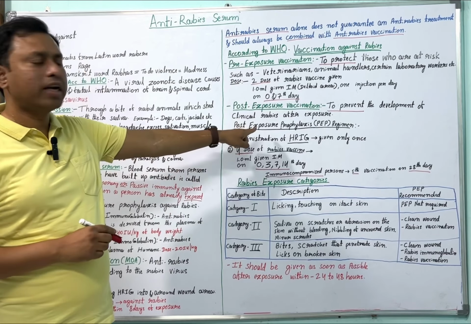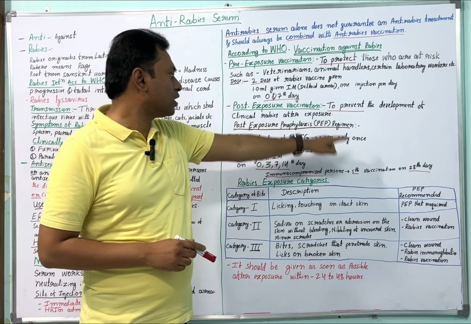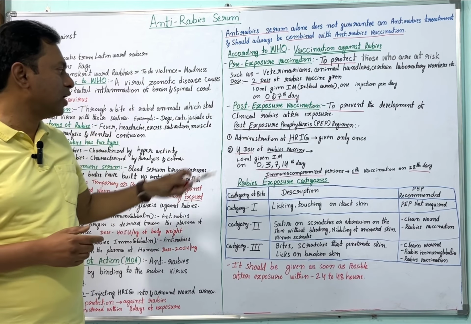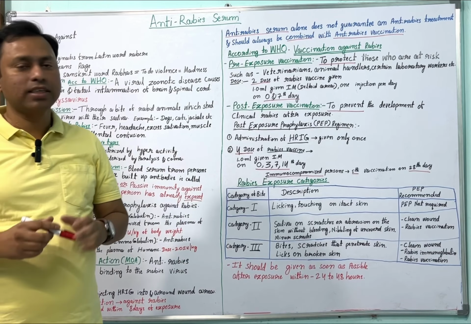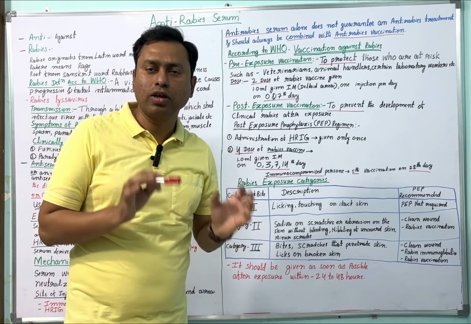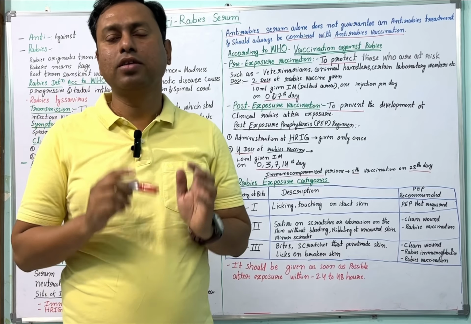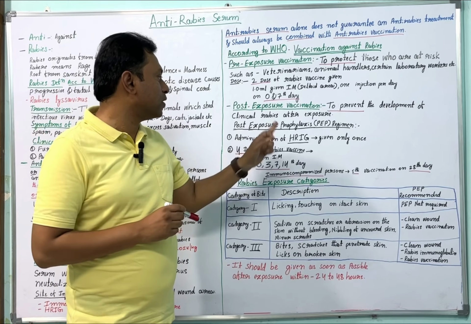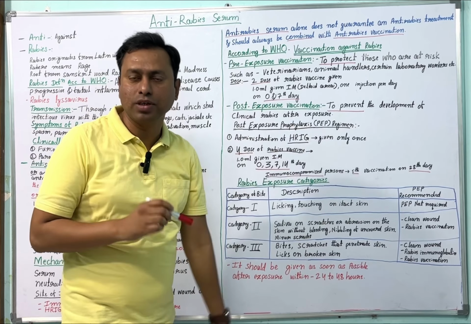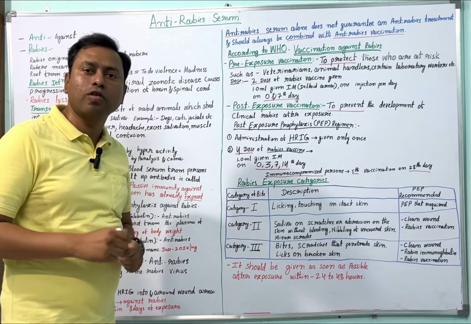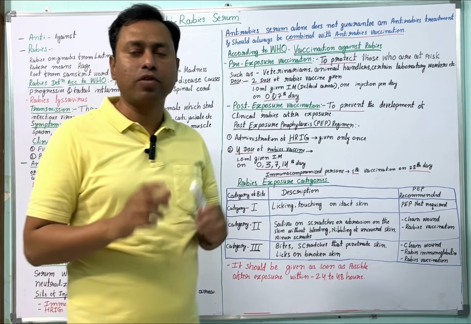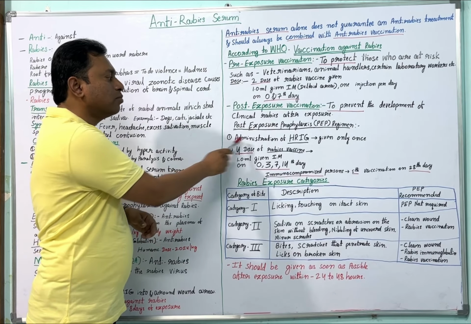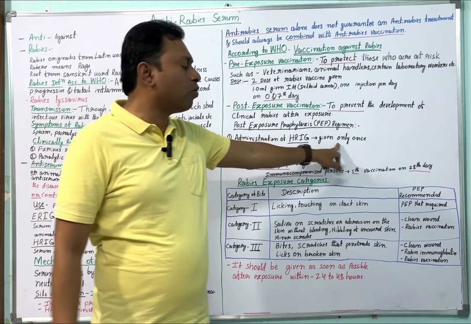Now we'll study the post-exposure prophylaxis regimen, called the PEP regimen. The PEP regimen is mainly categorized into two parts. Already I told you it is a combined treatment, a single vaccine or single serum is not enough. Whenever the patient comes after a dog bite, the first thing to give is HRIG, administered only once.